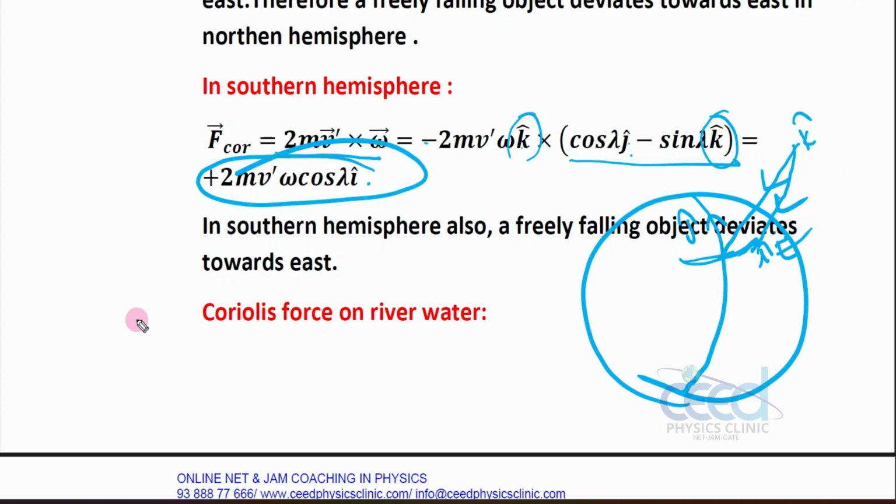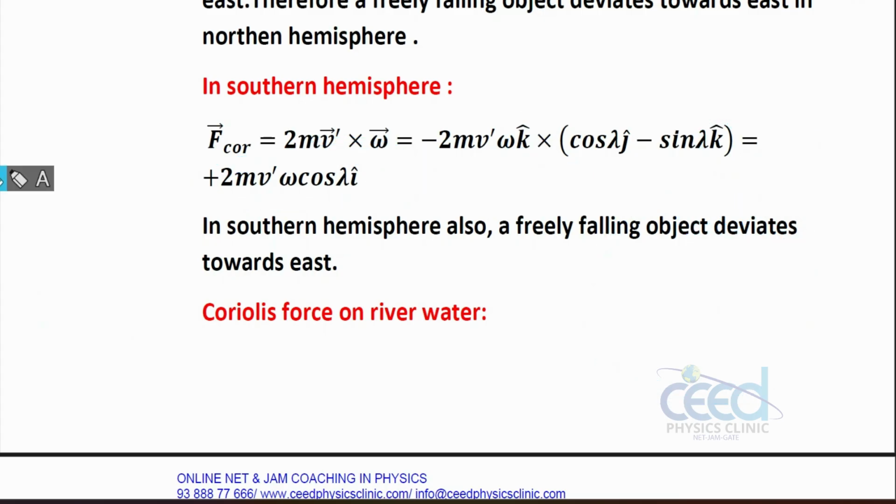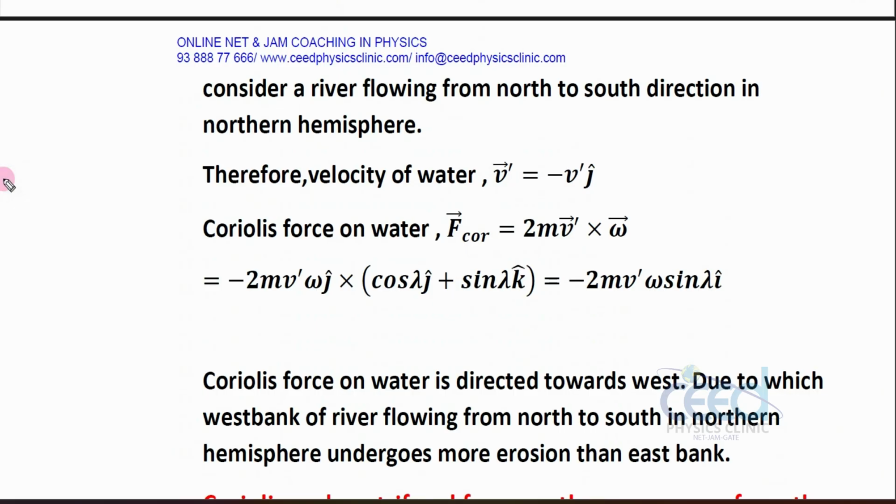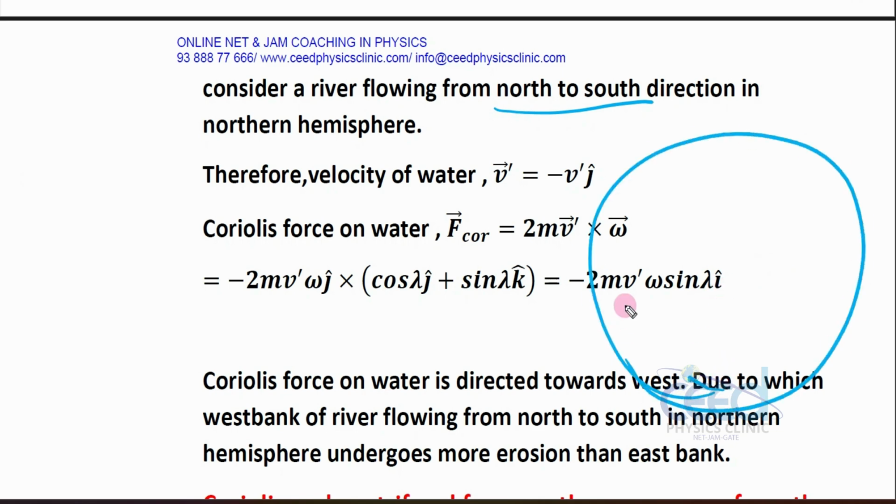All right, now the Coriolis force on river water, that also you can find. One river is flowing from north to south. North to south means, as we said j cap is the direction, then minus j cap.